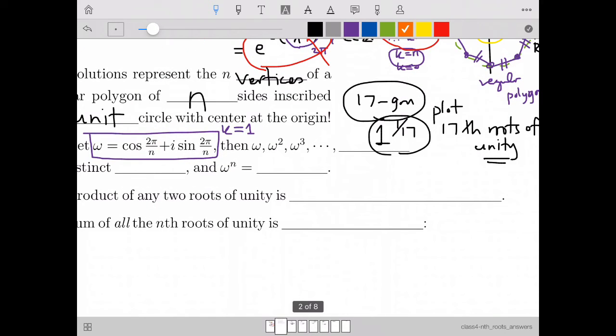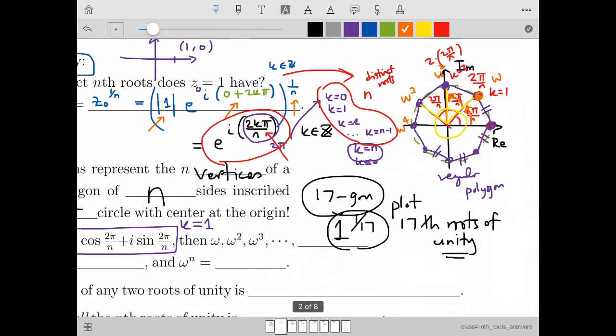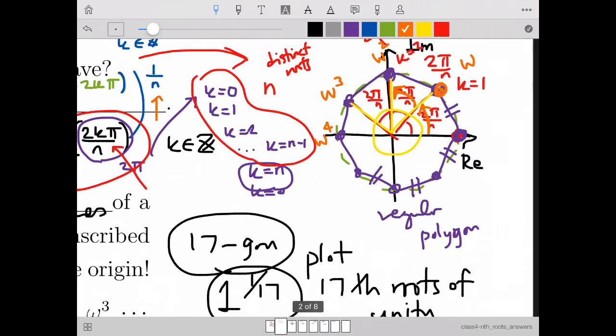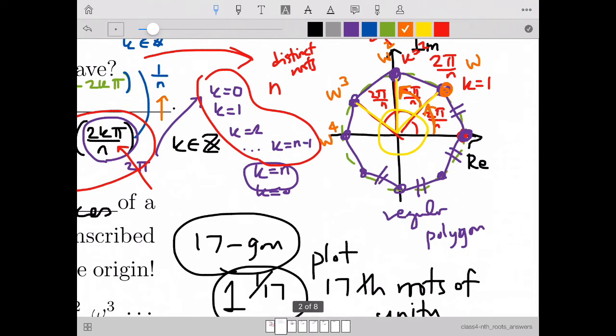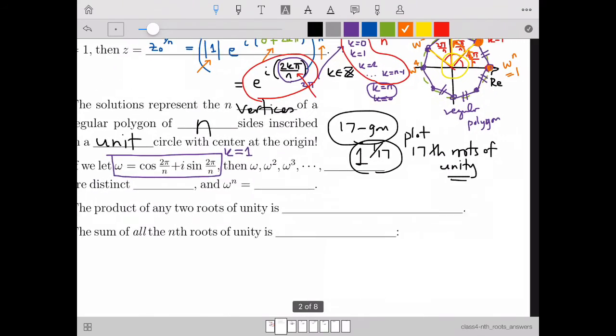Then w squared, w cubed, dot dot dot, up to which w? Because there are n distinct roots, this will be w to the n, which is 1, right? If this is w, then if I go around each vertex, this will be w to the n, which is 1.